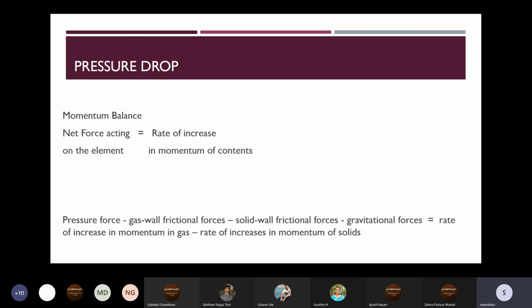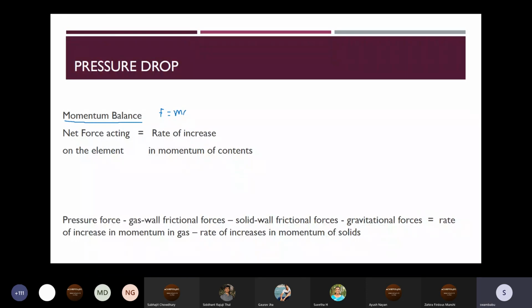So definitely you have seen in fluid mechanics that the pressure drop derivation, Bernoulli equation or other equations come from the momentum balance. Momentum balance is the simple Newton's equation, F equals ma, for steady state.